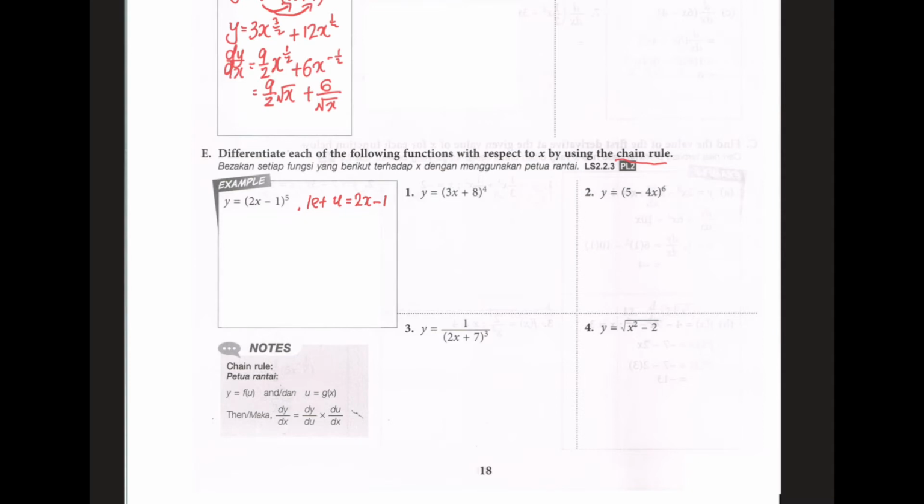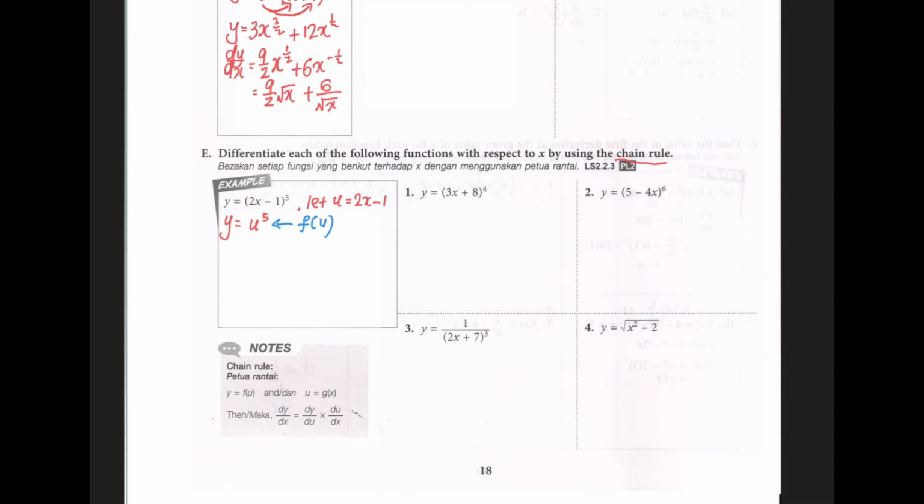We just take everything in the bracket become u, and then your y is u to the power of 5. This u to the power of 5 is f(u). That means it's a function in terms of u basically. So that is the meaning of f(u), something in u.